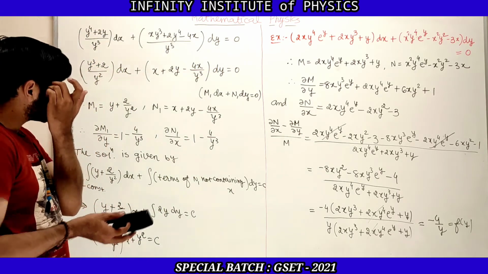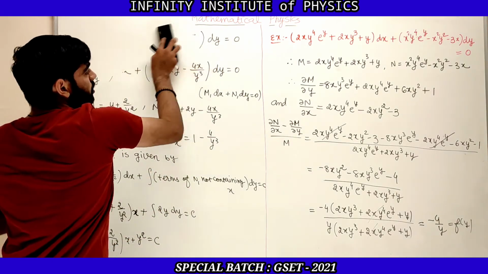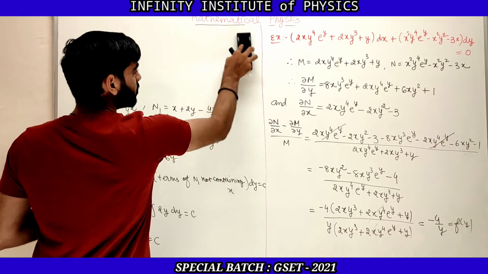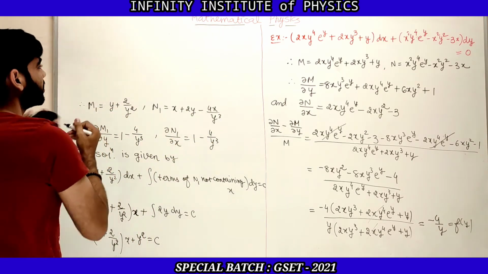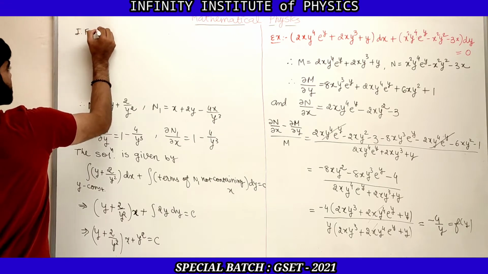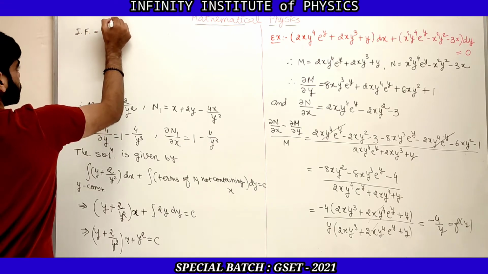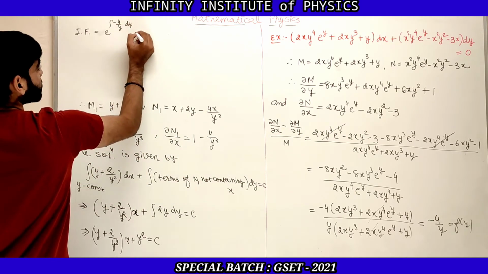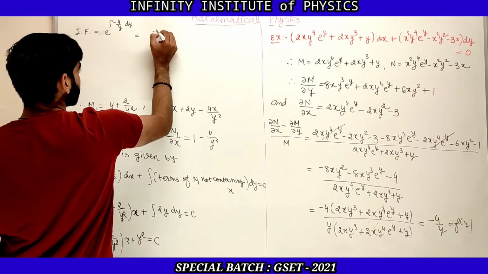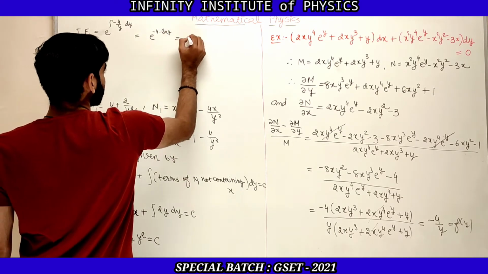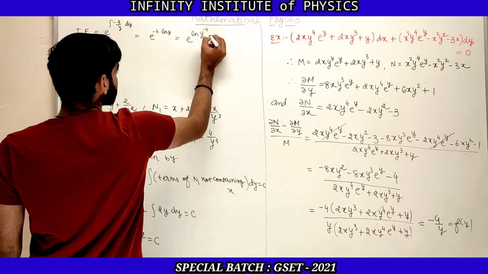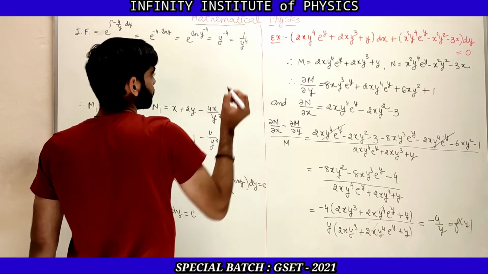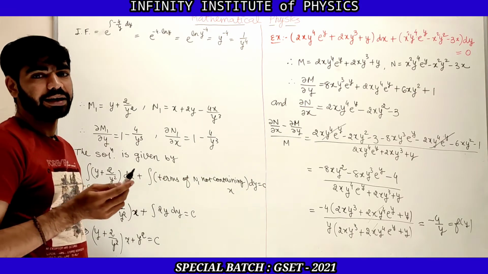So the integrating factor is e raised to the integration of this function, that is minus 4 by y dy, so now it is e raised to minus 4 times the integration of 1 by y, that is ln y, so it is e raised to ln y raised to minus 4, and so it will be y raised to minus 4, that is 1 by y⁴.